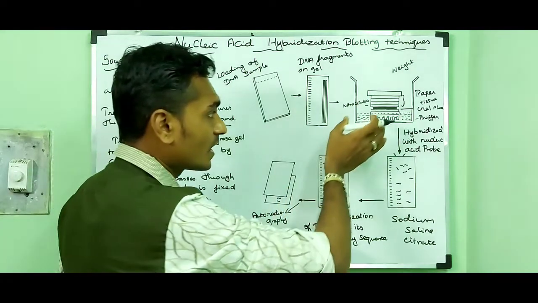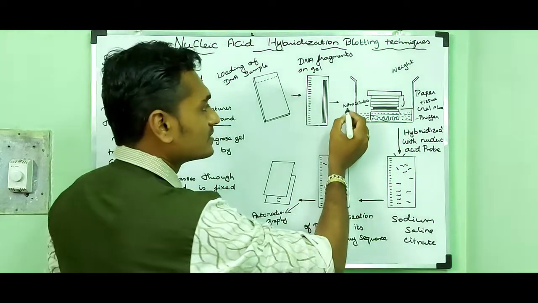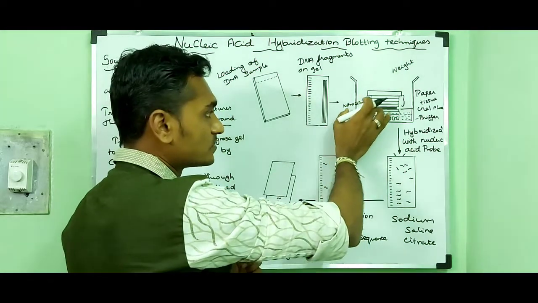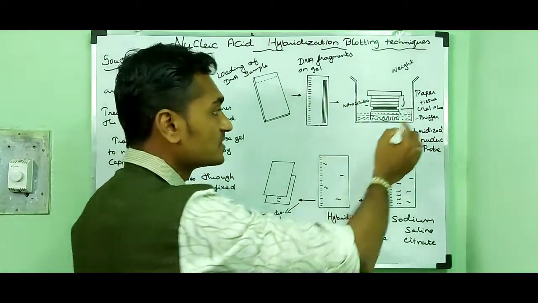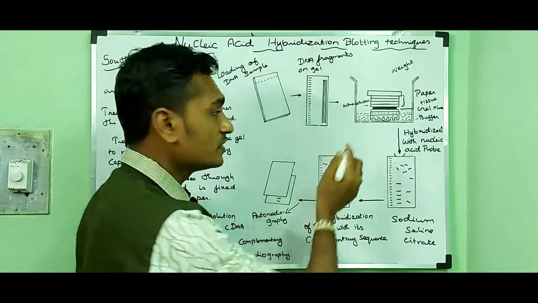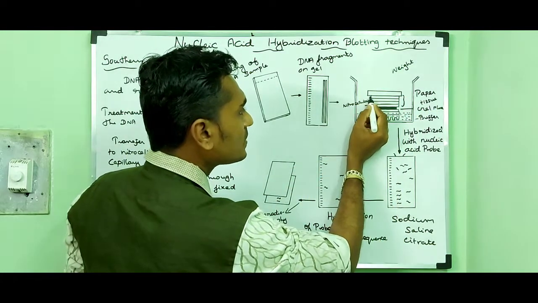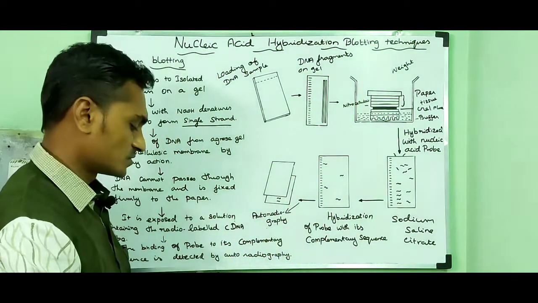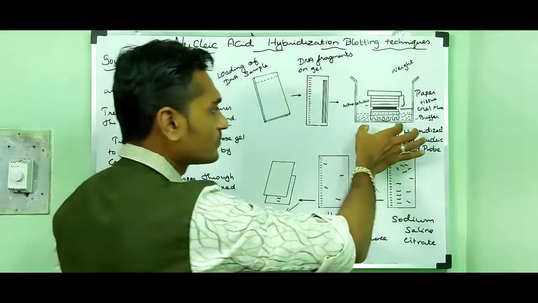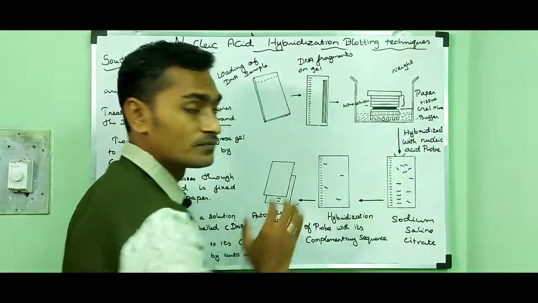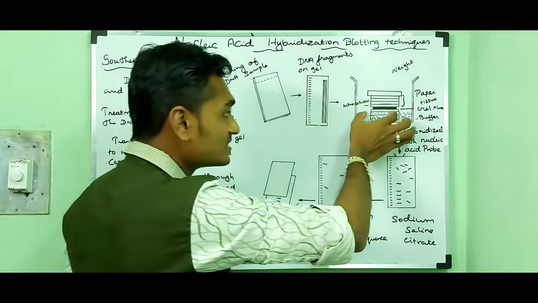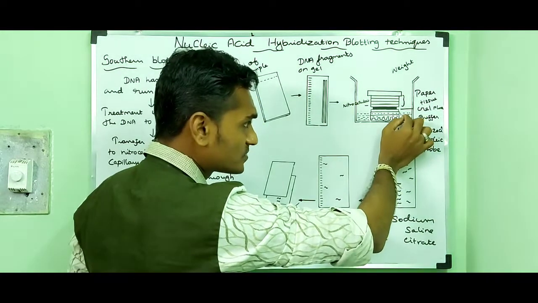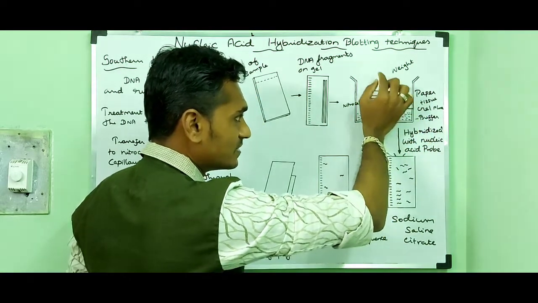Then above the gel plate, the nitrocellulosic membrane is placed, and it is covered by 2 to 3 paper tissues. Then the flow of buffer solution occurs through the gel plate.